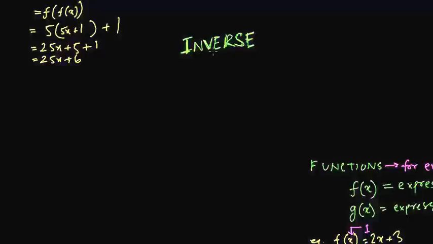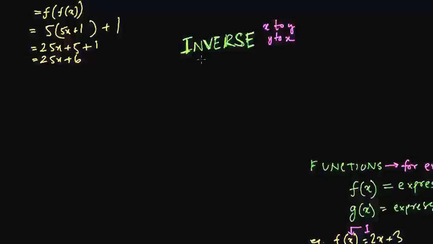So here remember, x becomes y and y becomes x. So in inverse function, x becomes y and y becomes x. That's what happens. If you remember that, then it can be done.